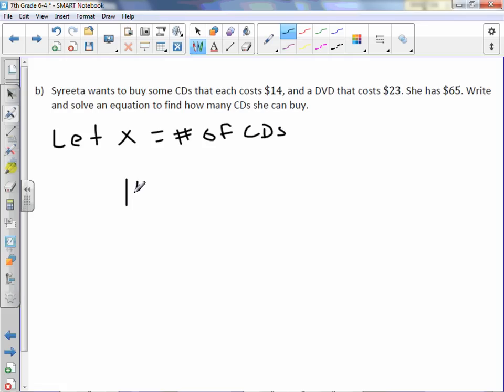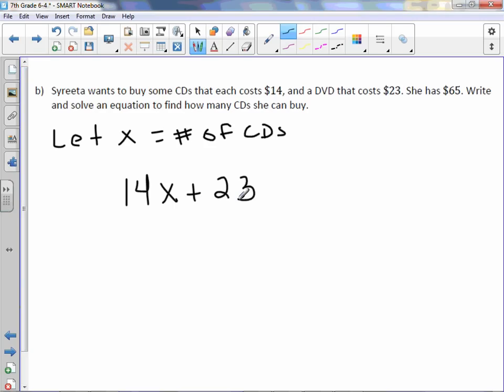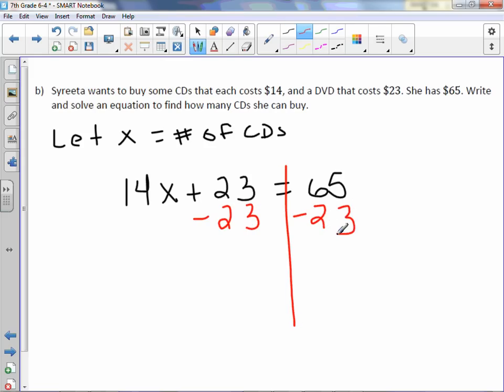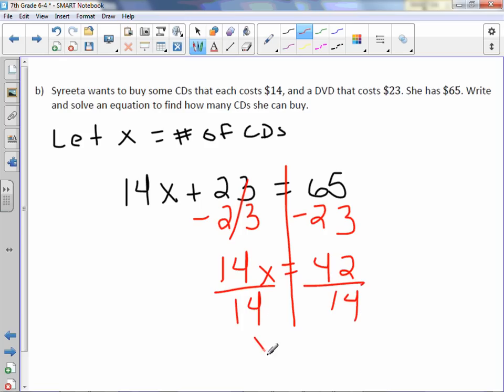CDs cost $14 each, so 14 times the CDs, plus the $23 DVD equals a total of $65. We will subtract 23 from both sides. 14x equals 42. Divide by 14. X equals 3. So 3 CDs.